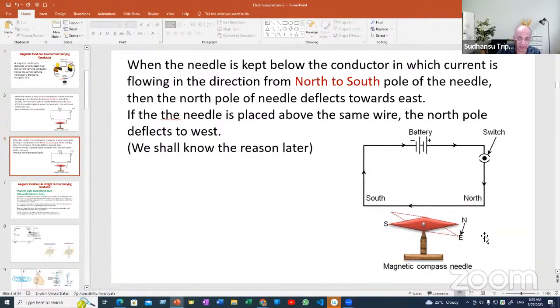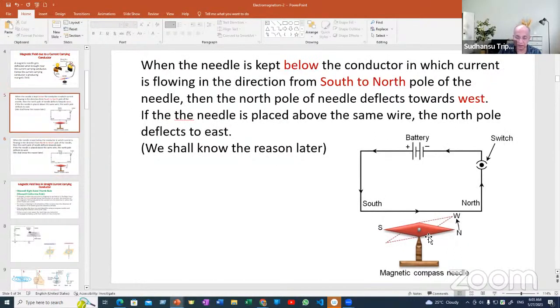And because of the interaction, since it is moving to the west, on the east side there will be more field.